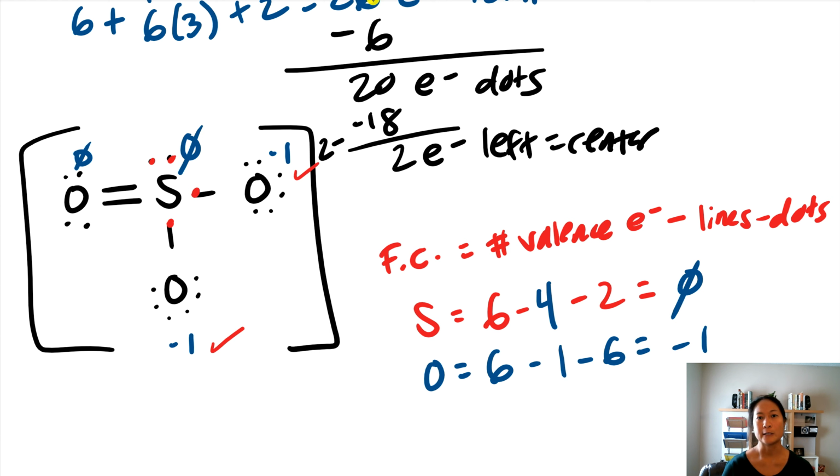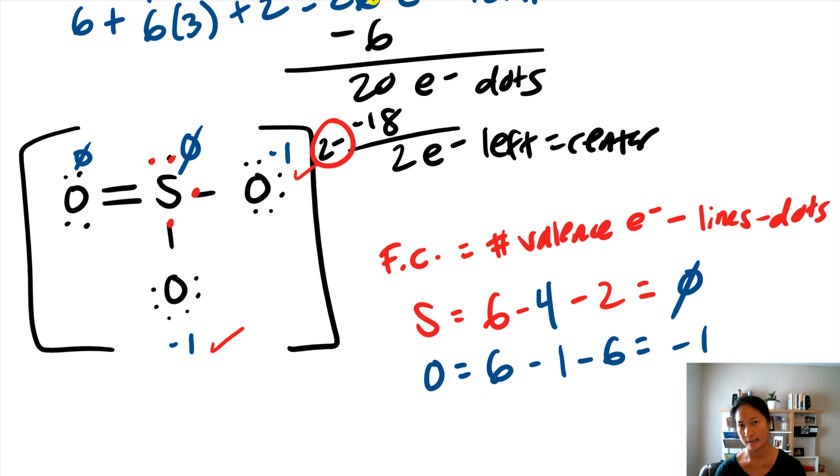Also check, make sure that all the formal charges added together equal the charge of either the polyatomic ion or the molecule. So 0 plus 0, -1, -1. That gives me a total of -2, which is the charge of the ion. So this right here would be the valid Lewis structure.